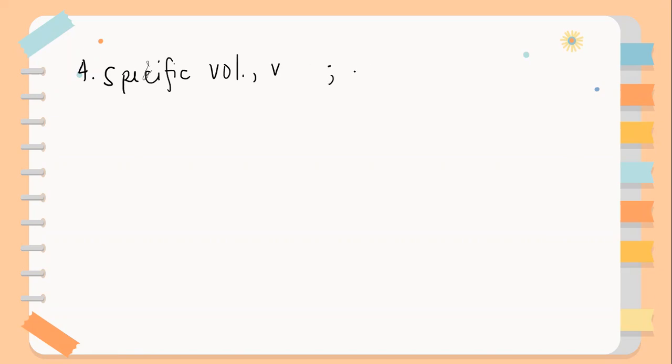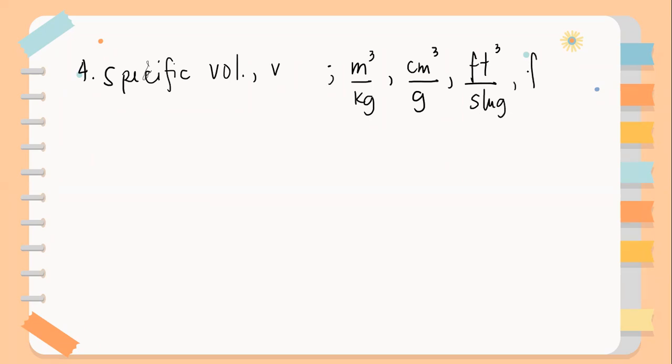We have cubic meter per kilogram, cubic centimeter per gram, cubic inch, cubic foot per slug, cubic foot per pound mass, and so on and so forth.